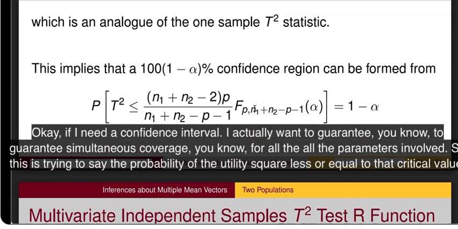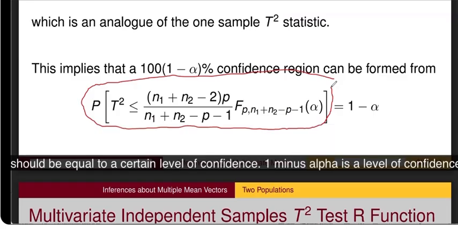You know what this is telling me now? If I need a confidence interval, I want to guarantee simultaneous coverage for all the parameters involved. So this is trying to say the probability of the T-squared being less than or equal to that critical value should be equal to a certain level of confidence. 1 minus alpha is the level of confidence.